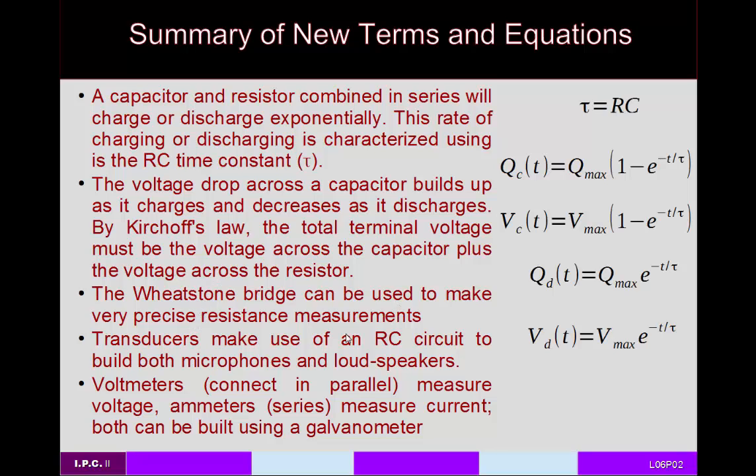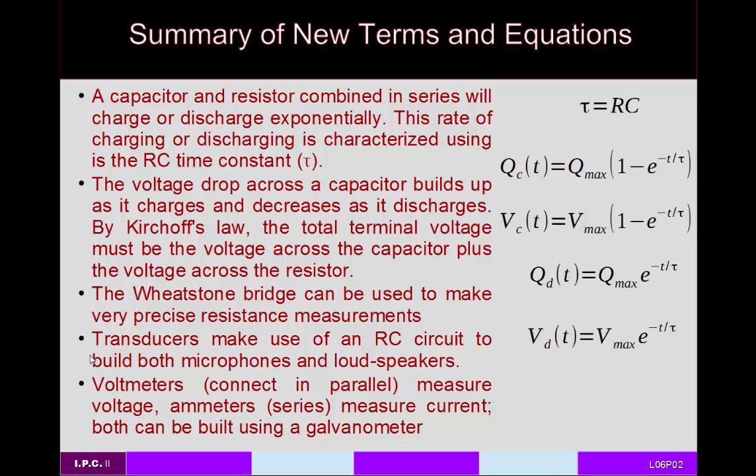After that, most of what we did was apply circuits. So the Wheatstone Bridge we learned about is used to measure resistance. Voltmeters you connect in parallel and they measure voltage. Ammeters you connect in series and they measure current. You can build both using a galvanometer.